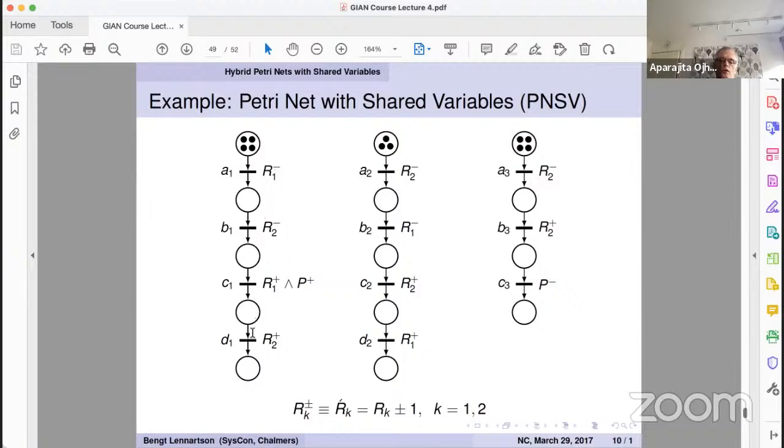So I argue that this is actually a more understandable and useful model where, for instance, these R could even be expressed as robot 1, AGV2. You can have text messages telling what these resources mean in more detail.